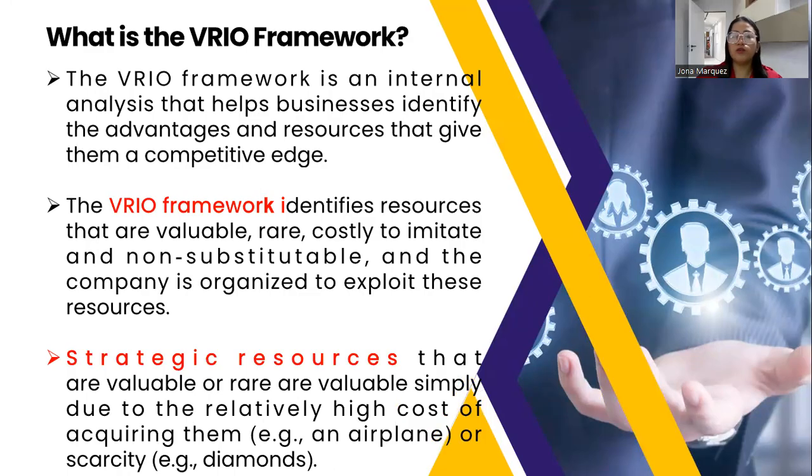This VRIO framework is one of the strategic tools, and it is very important for a company to have this kind of framework. So what are examples of valuable or rare resources? One example is high cost equipment, like airplanes, or scarce raw materials such as diamonds.